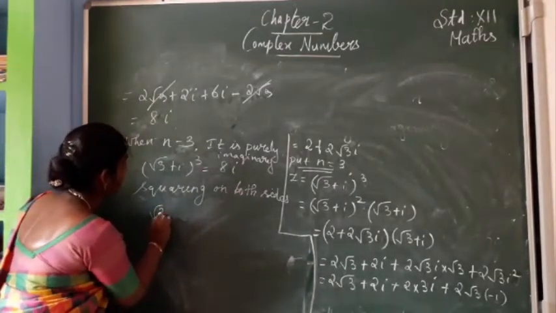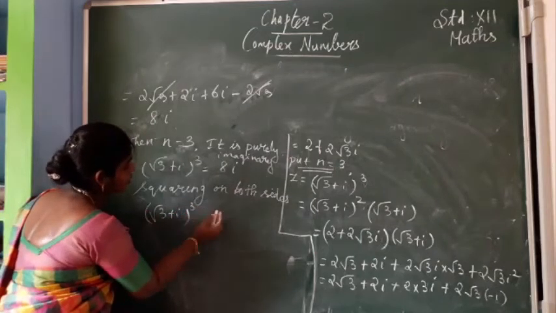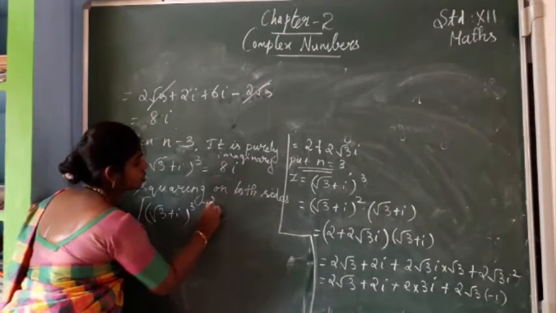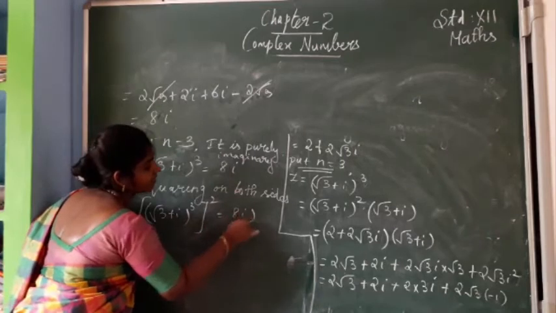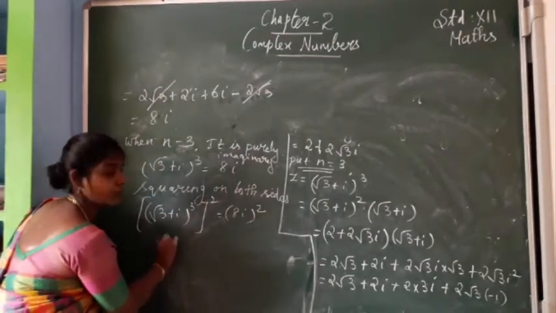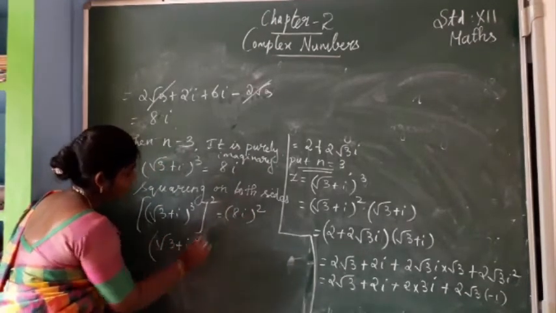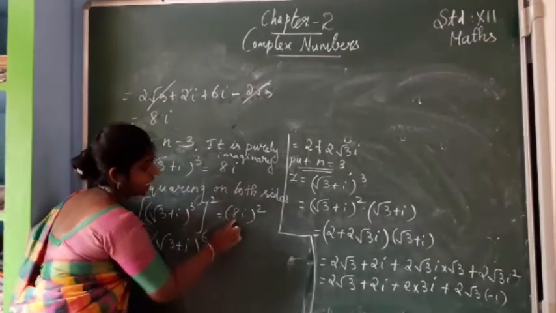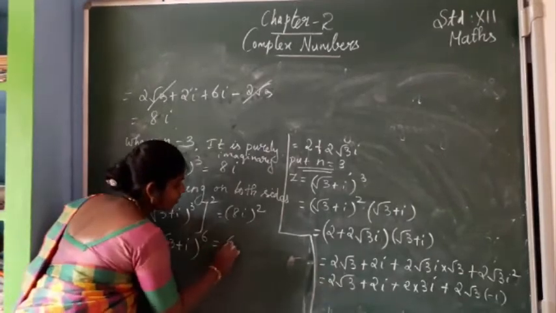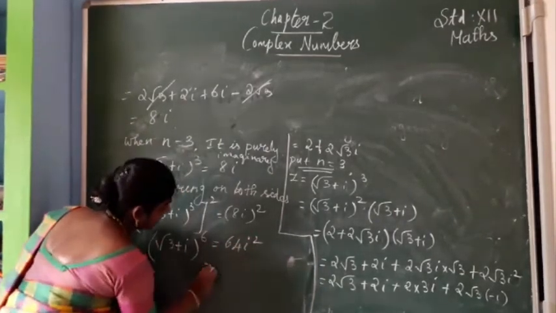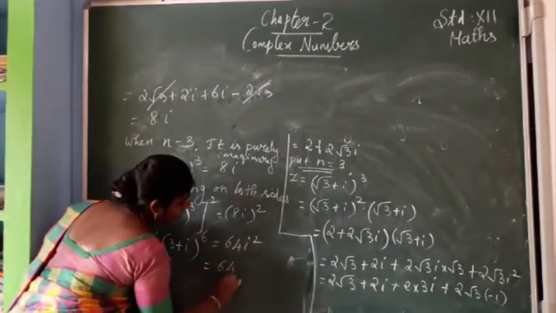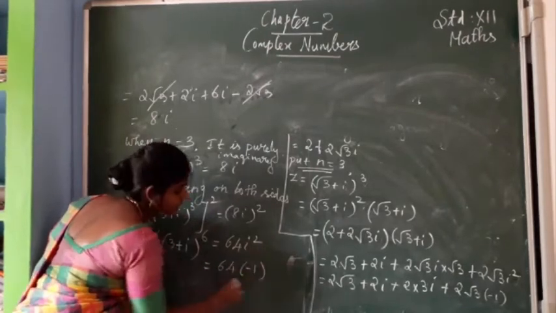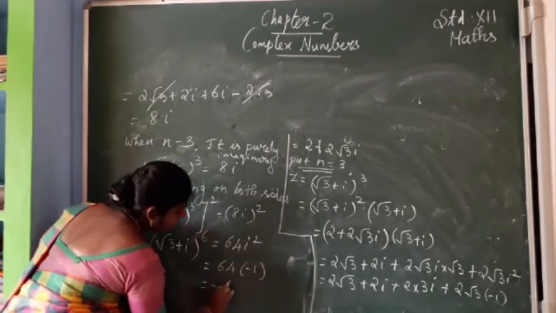So (root 3 plus i) the whole cube, the whole power 2, is equal to (8i) the whole square. So (root 3 plus i) the whole power 3 into 2, 6, equal to 8 square, value 64, i square. That's equal to 64 into i square, value minus 1, equal to minus 64.